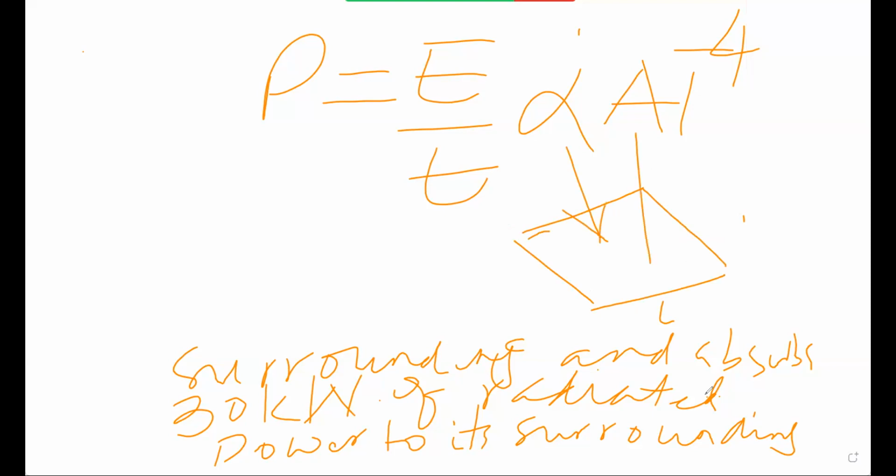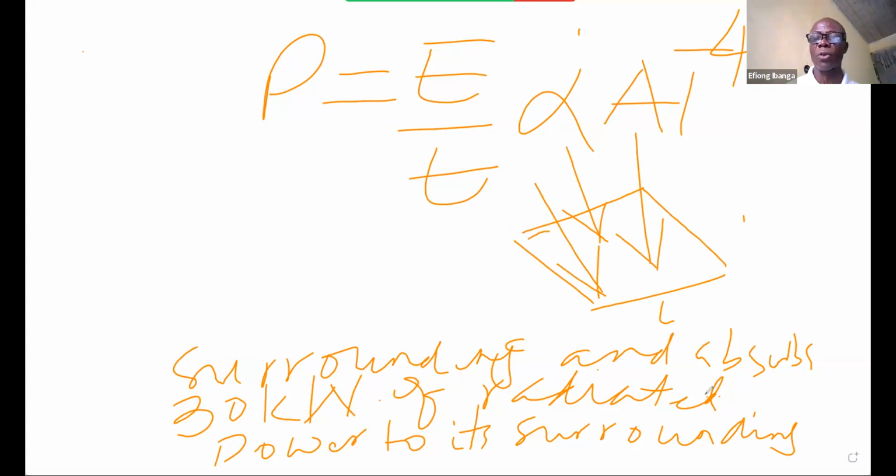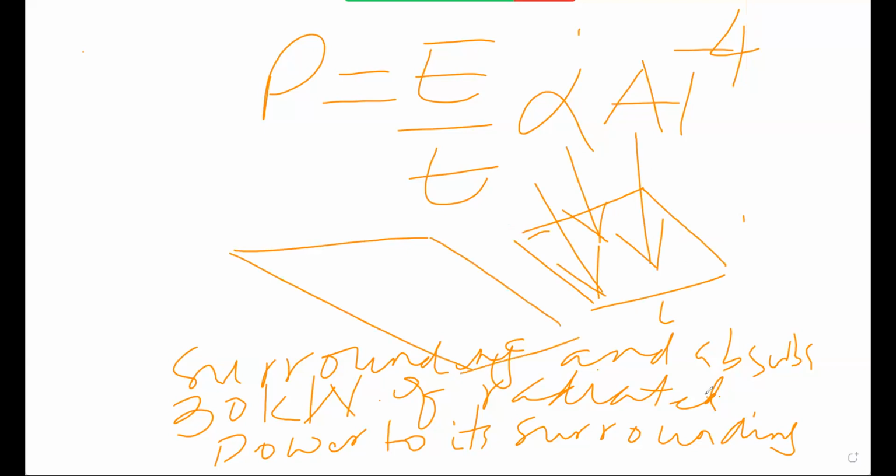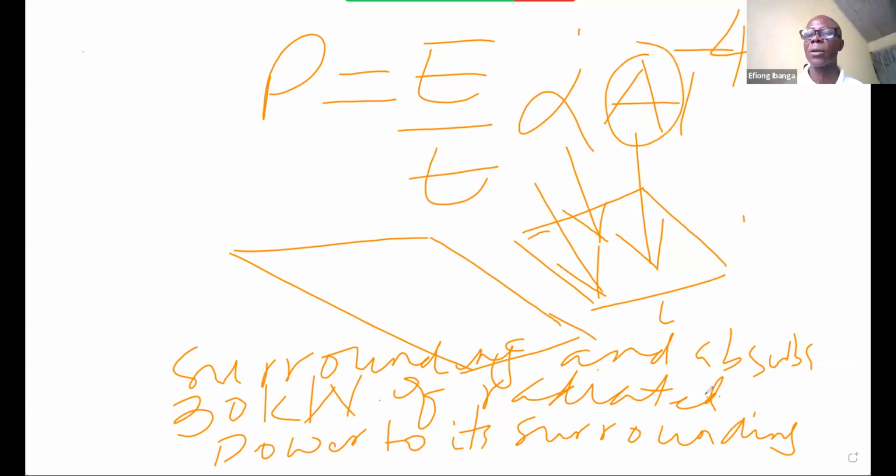So the amount of radiation that falls will be directly proportional to this area. The larger the surface area of this collector, the larger the amount it is capable of collecting. So that's why this is included. Is it clear? Yes, sir. So that's number one.